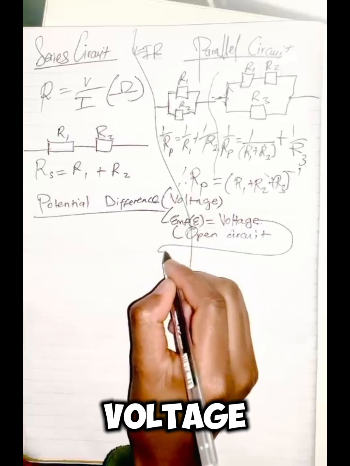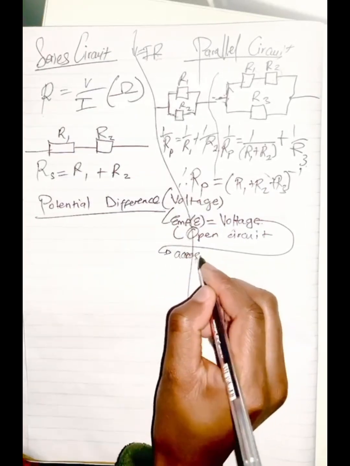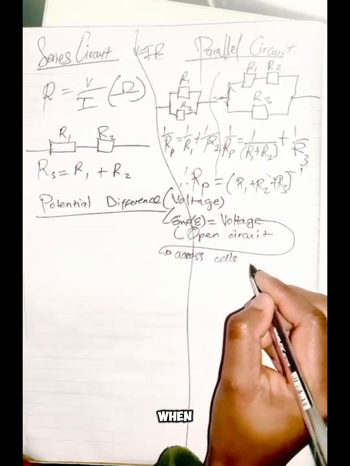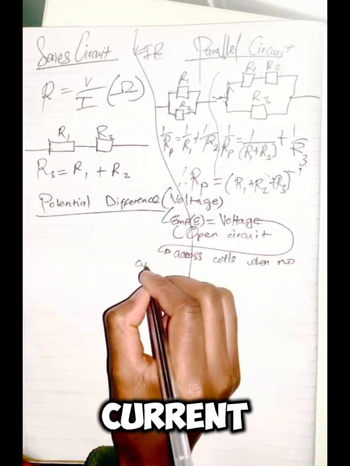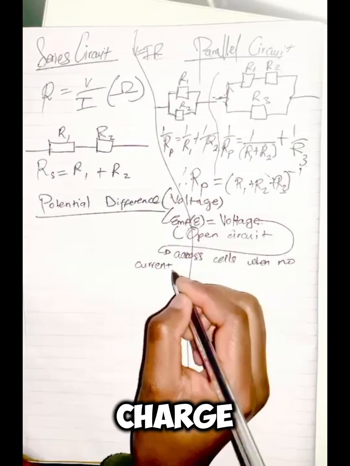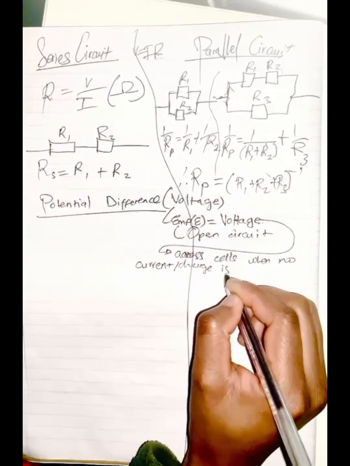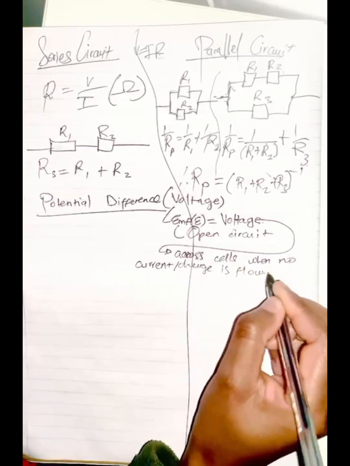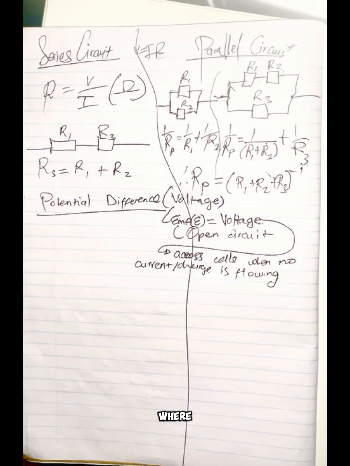So voltage across cells when no current or charge is flowing, right? So we're saying that EMF is in an open circuit where the voltage across the cells has no current flowing within them.